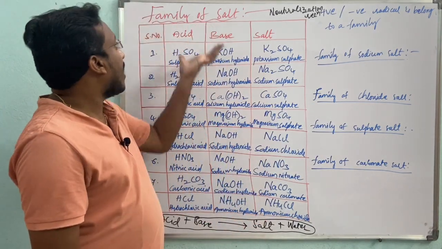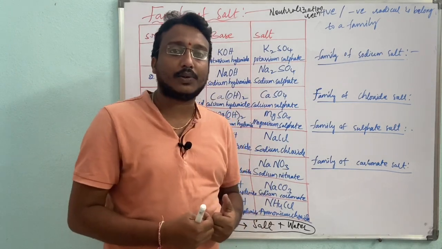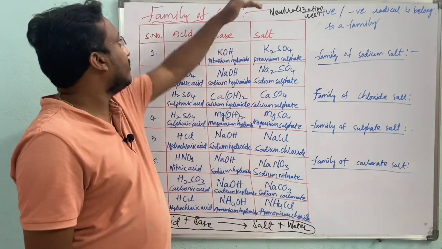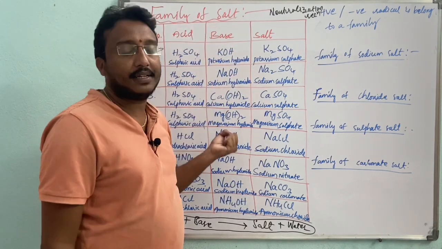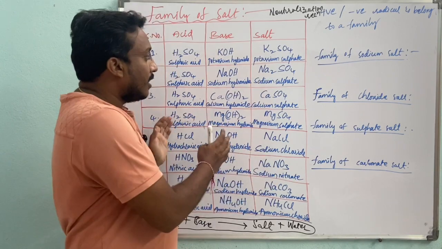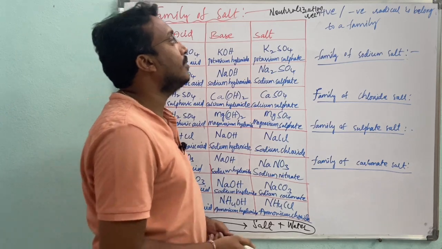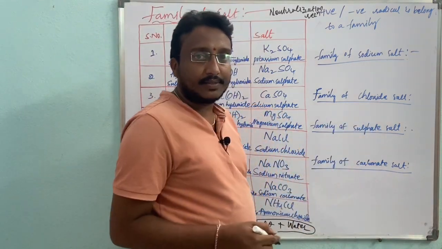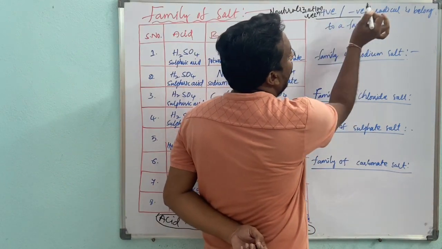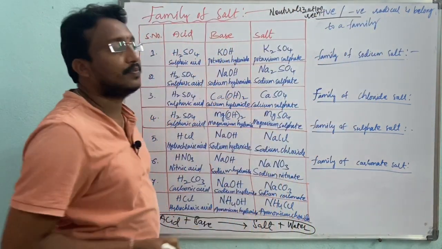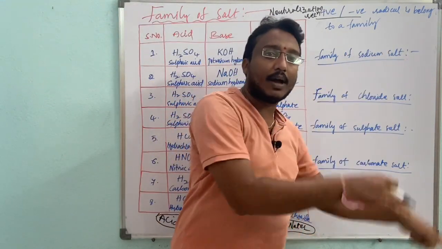Family of salts. We have different types of salts, no? In this activity we find the family of a salt. How can we separate salts into families? Salts having the same positive or negative radical belong to one family.